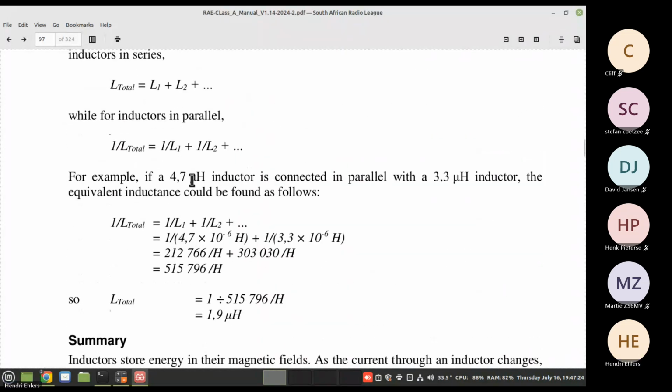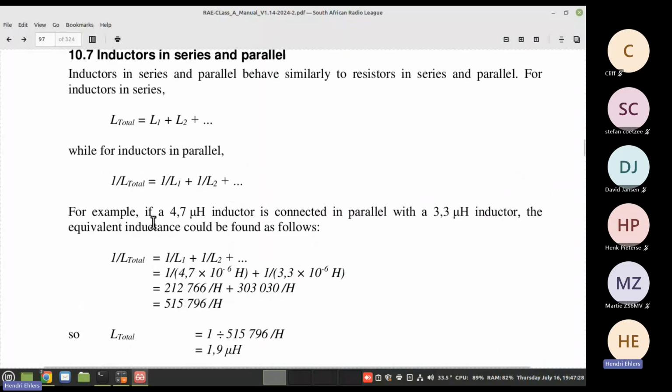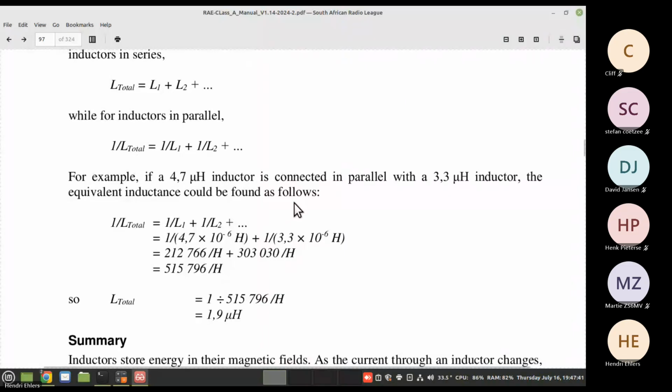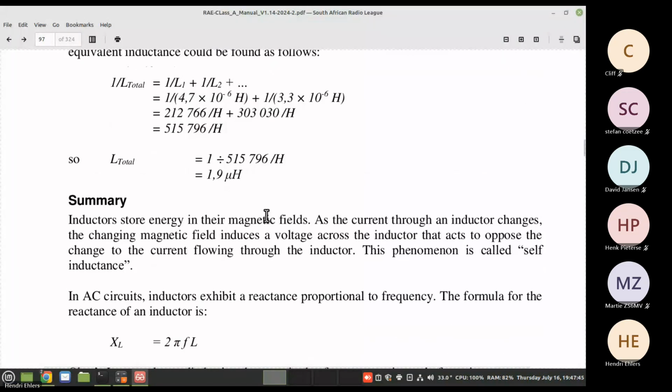So look, I mean, they won't give you like 20 of these values in a row and tell you to calculate, just to see whether you understand the concept, or you might not even get this calculation.